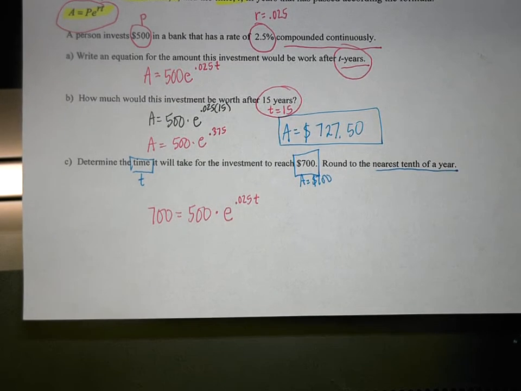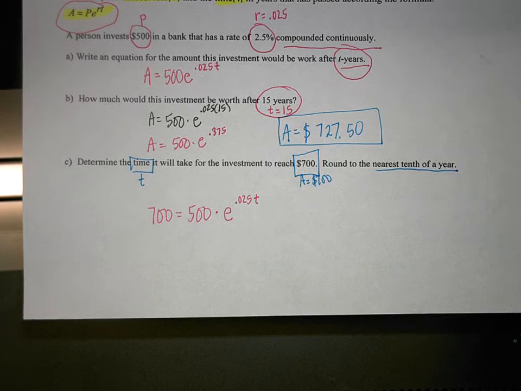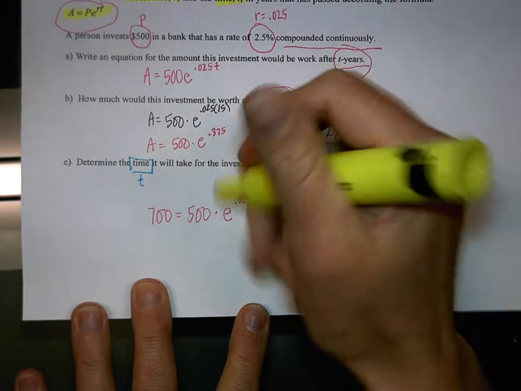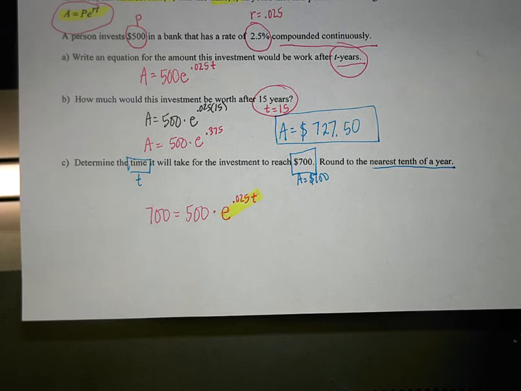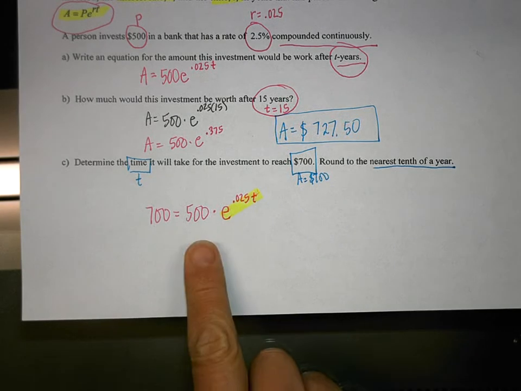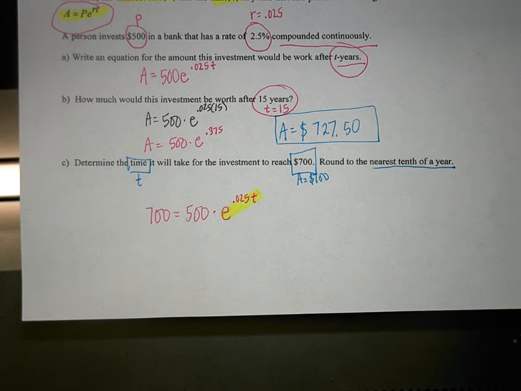Are we good with that? How will I find this answer? Well, we know that right now, this is together, right? E is going to that exponent. So I need to get rid of that 500. 500 is multiplying, so how do we undo multiplication?